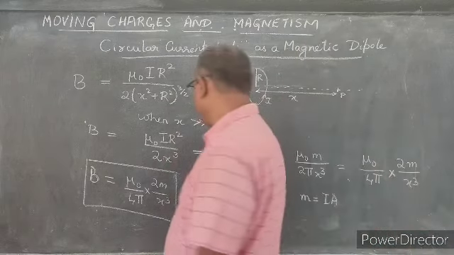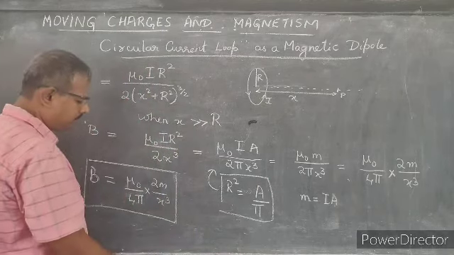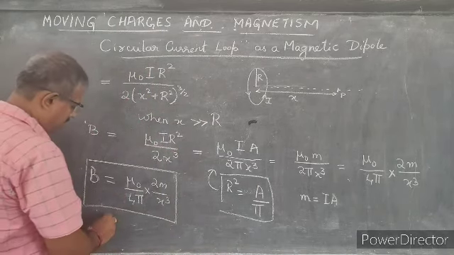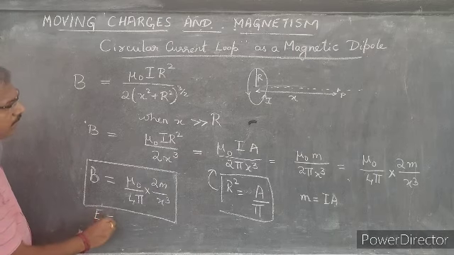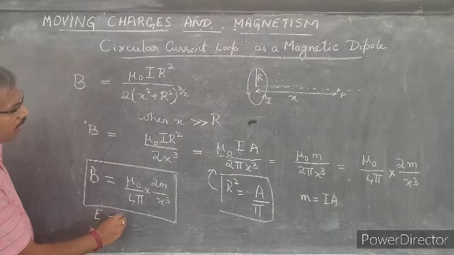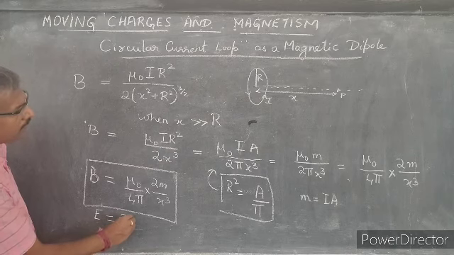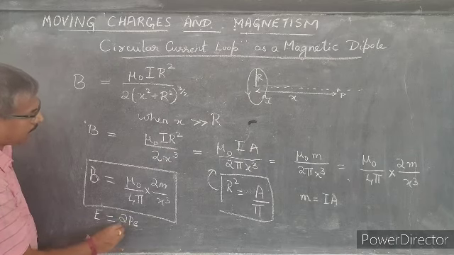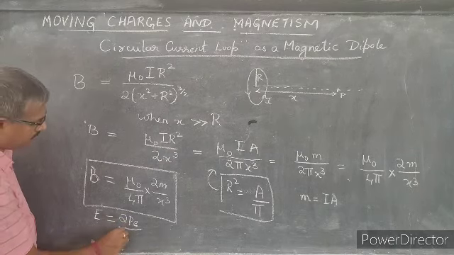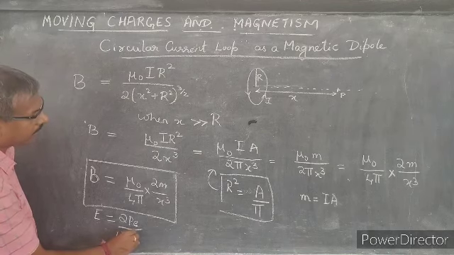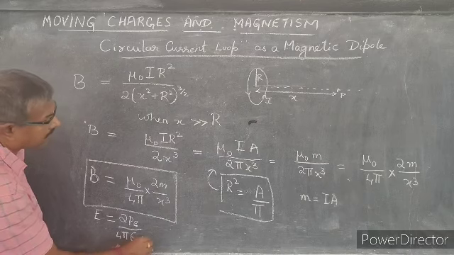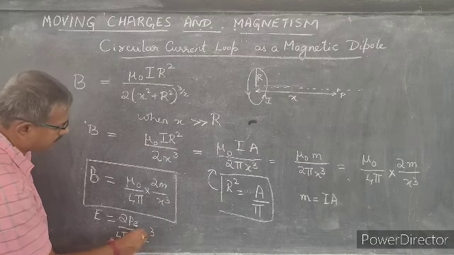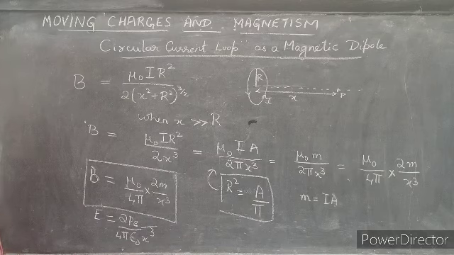If you recall that particular expression, we had got E is equal to 2 p_E by 4 pi epsilon naught x cube. So you can notice that this is very similar.